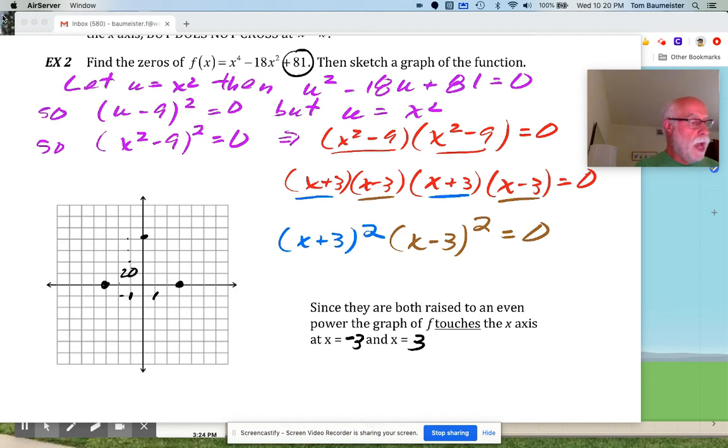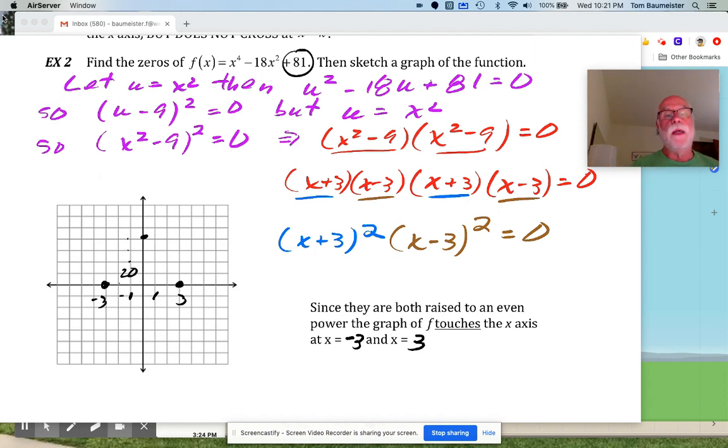Okay, so now we're just going to connect our dots. Remember, we talked about end behavior earlier in the chapter. If the degree is even, they're both going to go up or they're both going to go down.